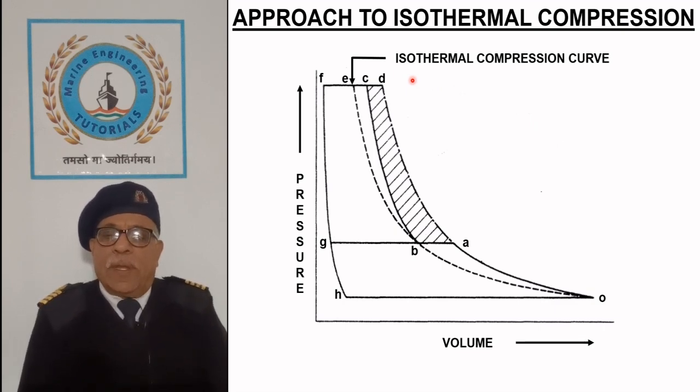When air is compressed isothermally in single stage, it follows the compression curve OBE, and the work done is represented by the area OBEFGHO.